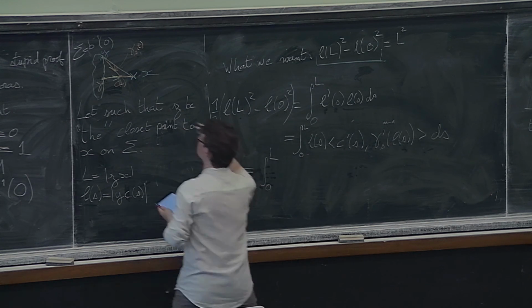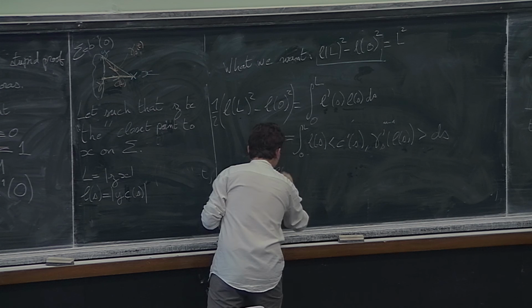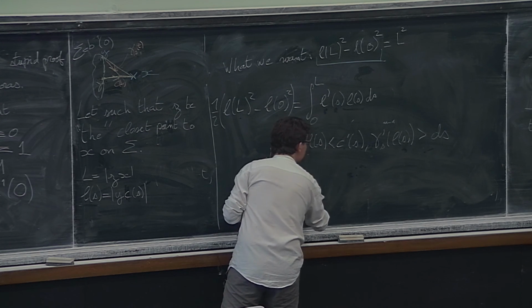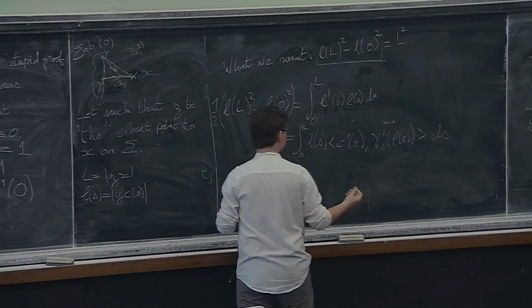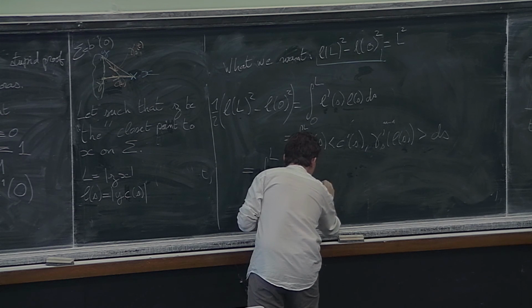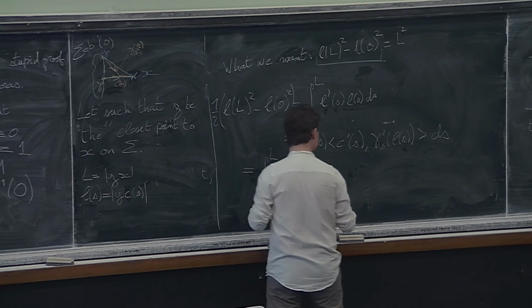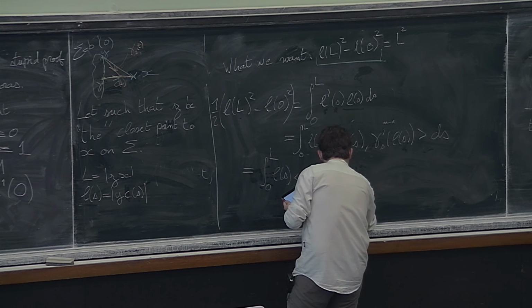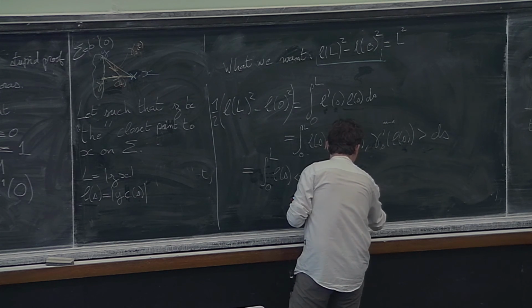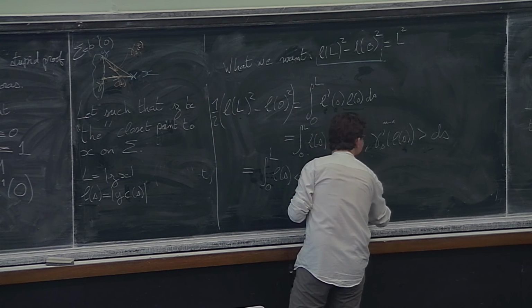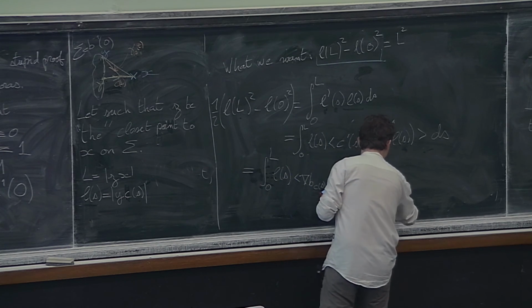So C prime is actually gradient b. l of S, gradient b, computed at C of S, times gamma prime S at l of S, ds.